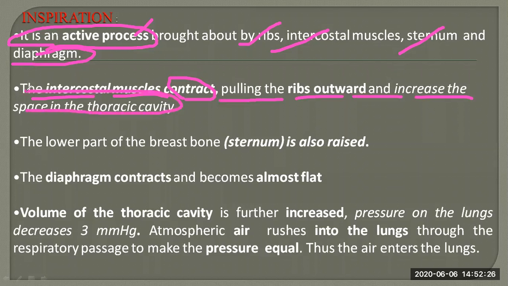We have already seen that when the diaphragm is pulled downwards, from the dome shape it converts into a flat structure. At that time these external intercostal muscles contract, pulling the ribs outwards, by which the volume of the thoracic cavity increases.